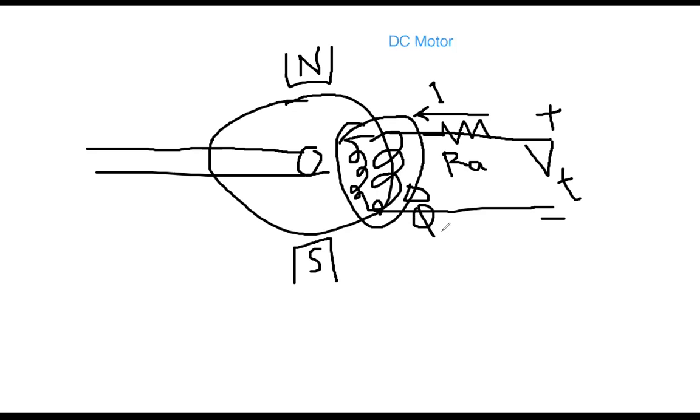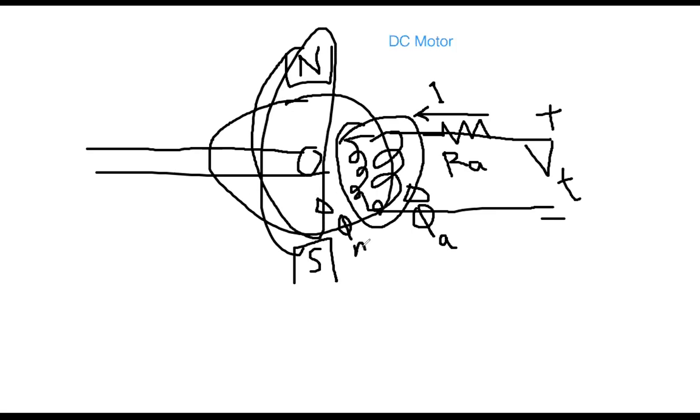This is phi A, the armature flux. And then there is another set of flux coming from the North Pole to the South Pole, which is phi M, the main flux, and phi A is coming from the armature.